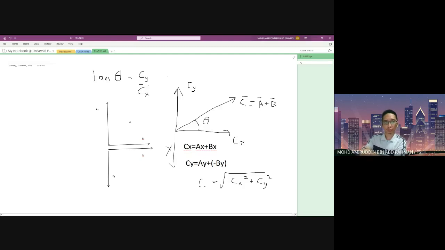You need to solve for theta. The answer is 18.4 degrees. Everyone got that?